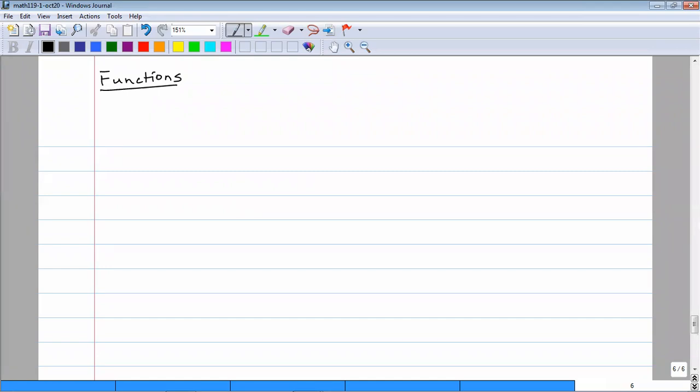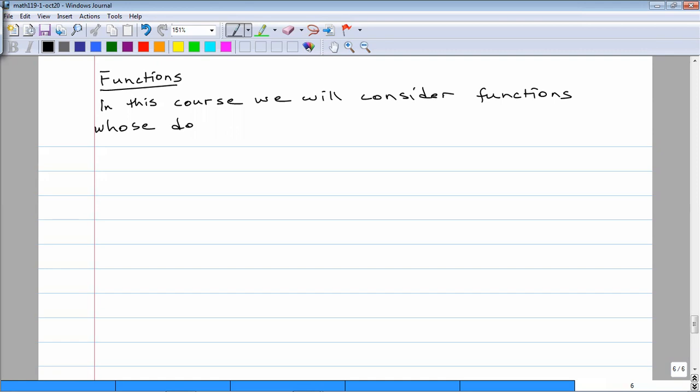In this course, we will consider functions whose domain and range are subsets of real numbers.